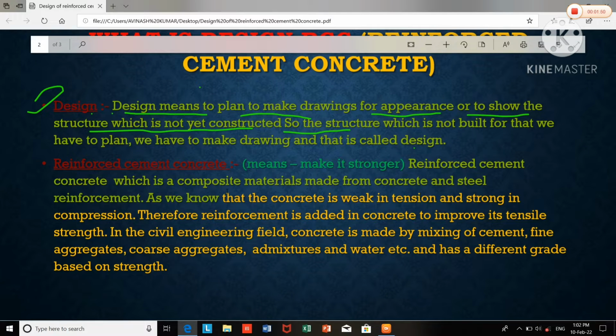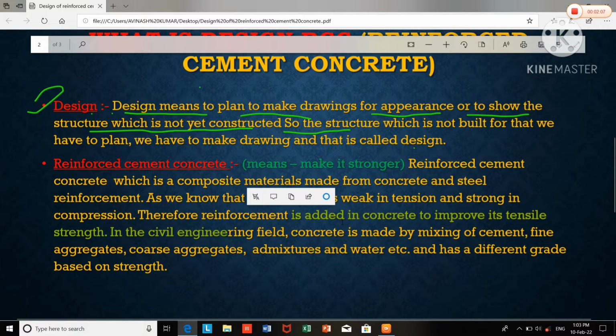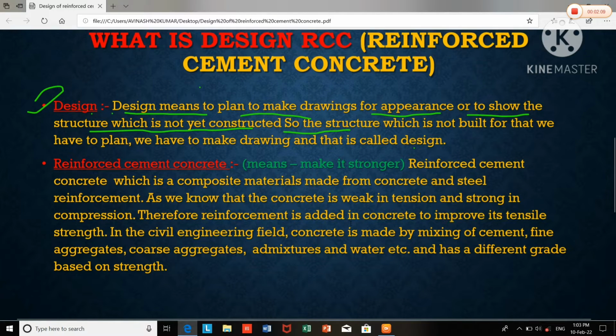Reinforcement, as we know that the concrete is weak in tension and strong in compression zone. Therefore, reinforcement is added in concrete to improve its tensile strength.